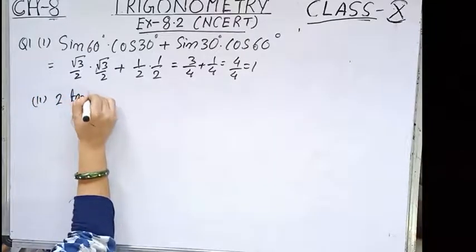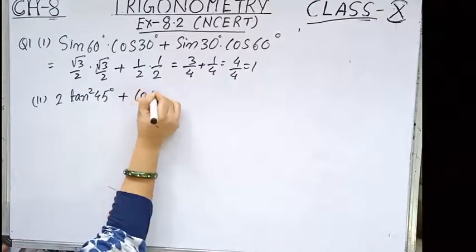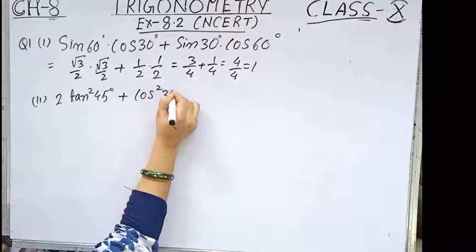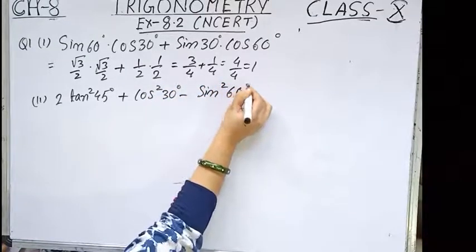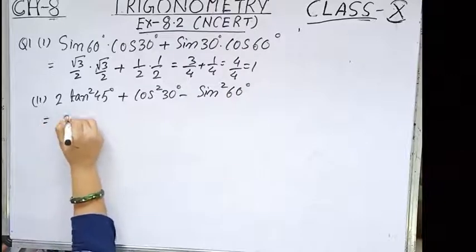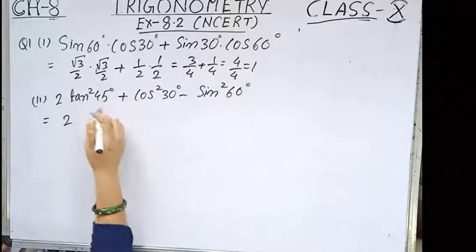Subpart number 2 is 2 tan square 45 degree plus cos square 30 degree minus sin square 60 degree. So this will be 2 times tan square 45 degree, which is tan 45 degree power 2.